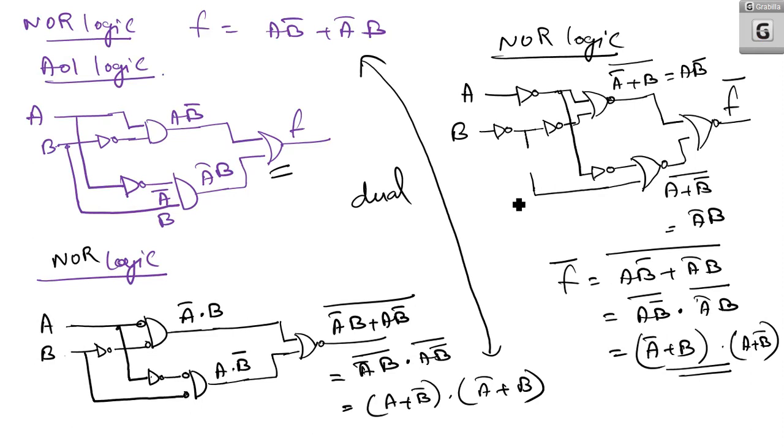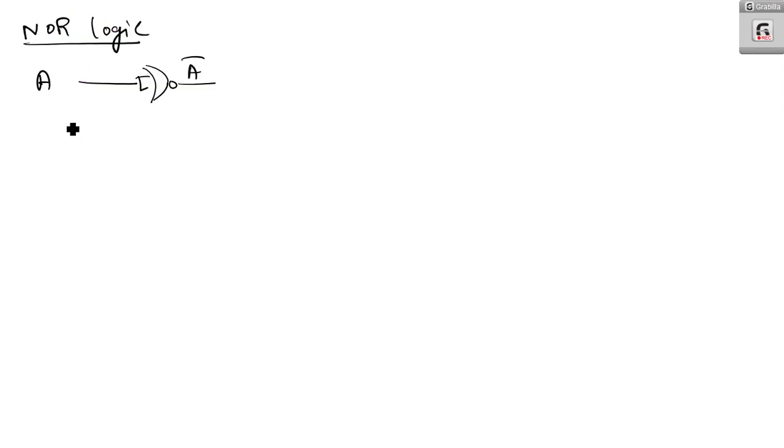Then B is directly going in. So this is A bar or B the whole bar, that is A B bar.